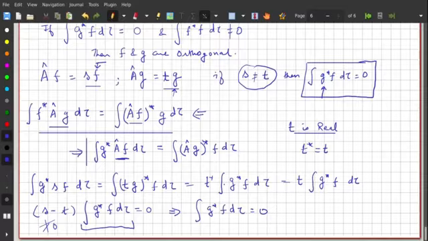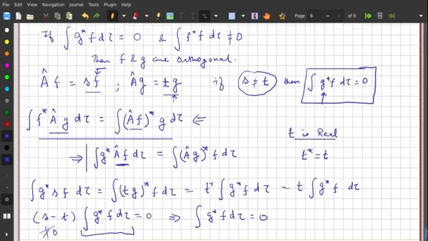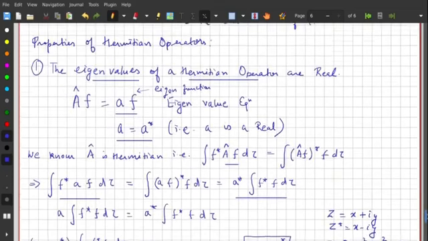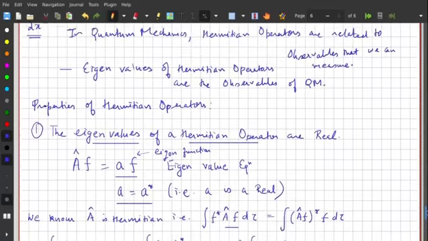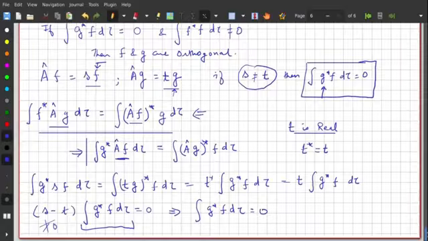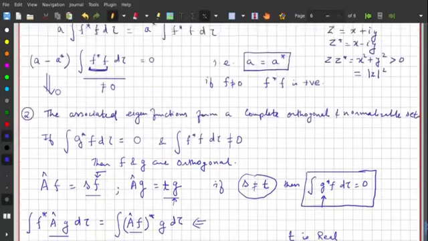That's a generic idea of Hermitian operators, and Hermitian operators are very useful specifically in quantum mechanics, because as we discussed before, the eigenvalues of the Hermitian operators are the quantum mechanical observables. Okay, so I think that's what this segment was all about.